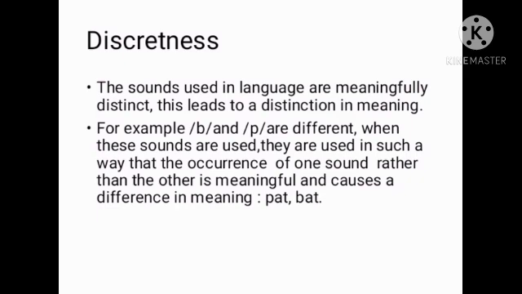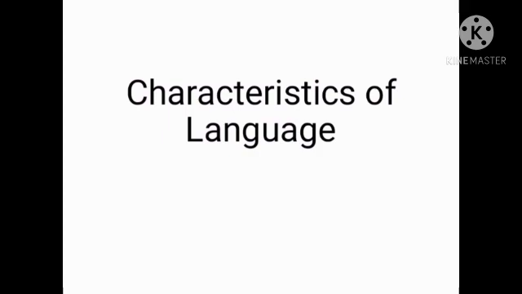So by combining the p sound, a sound and t sound, we have the word pat, and combining the b sound, a sound and t sound, we have the word bat, and we know that these two words have different meanings.